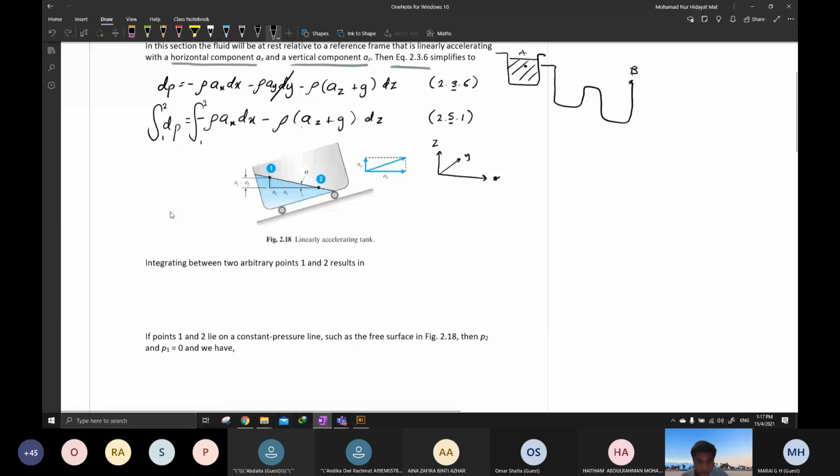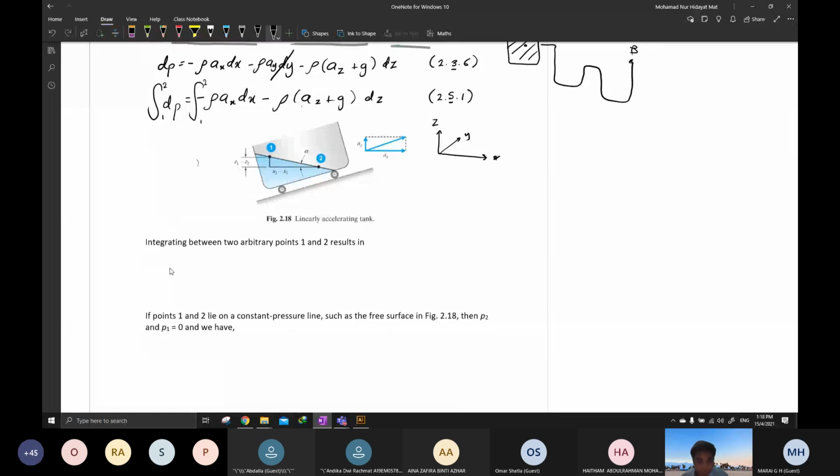We will get this equation: P2 minus P1 equal to the same thing, but the difference is x2 minus x1. Rho is fixed, this is constant.